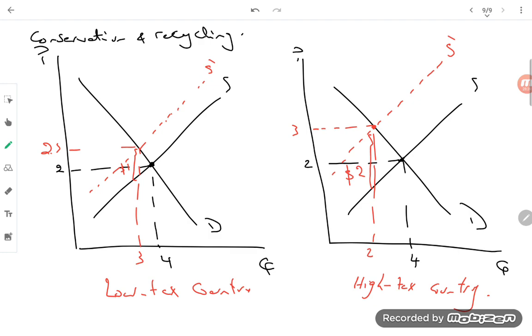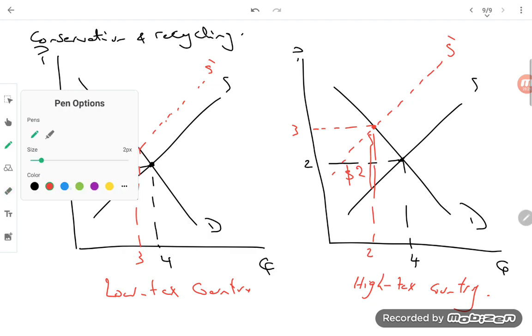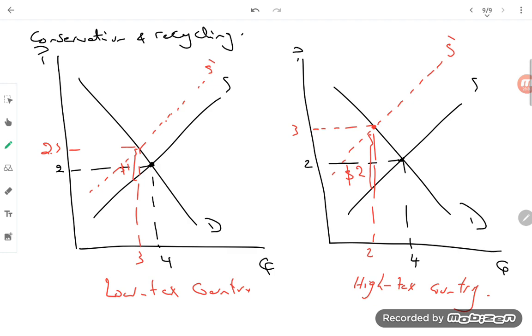So if you compare the low tax country and the high tax country, we can find that in the case of the high tax country, consumption is going to decrease from 4 to 2, and the price is going to increase from 2 to 3.